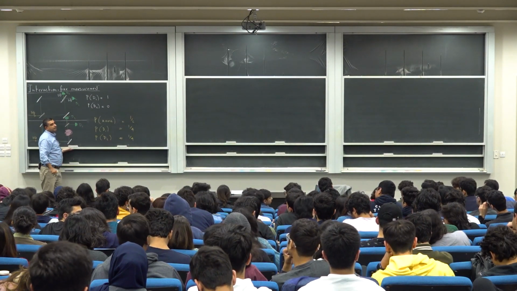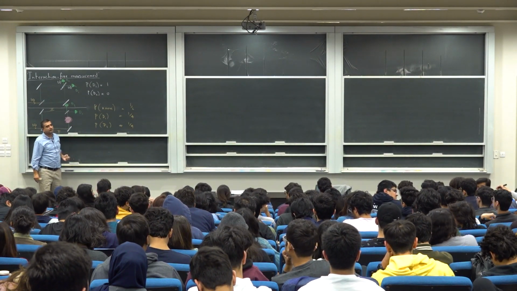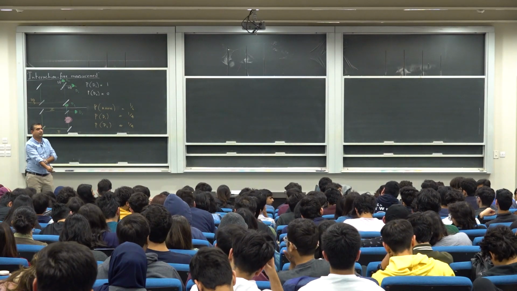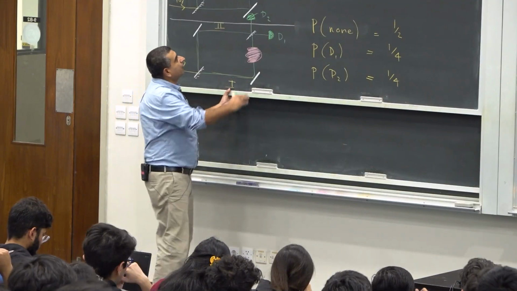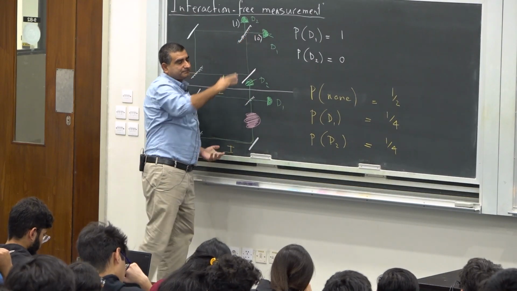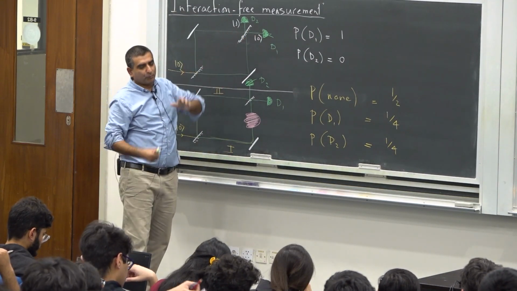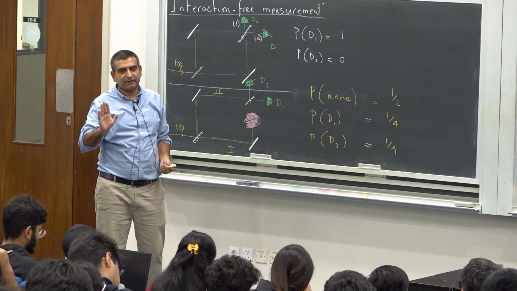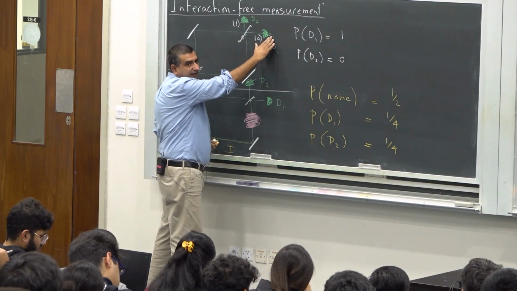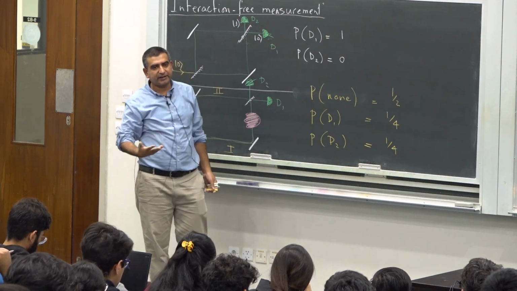So here, in fact, what is an interference pattern? Bright and dark fringes. So bright areas, dark areas. This is our bright area and this is our dark area. That's why I call it interference.